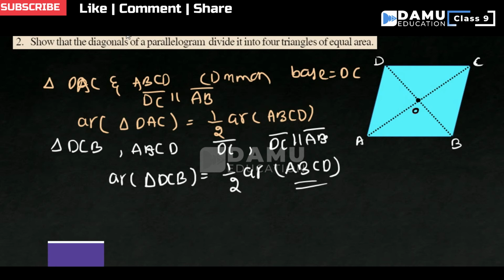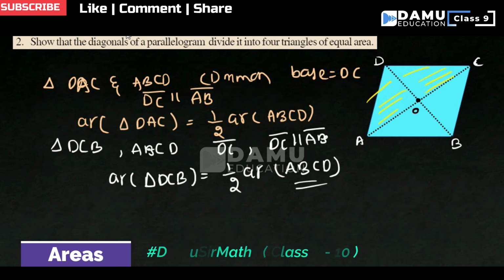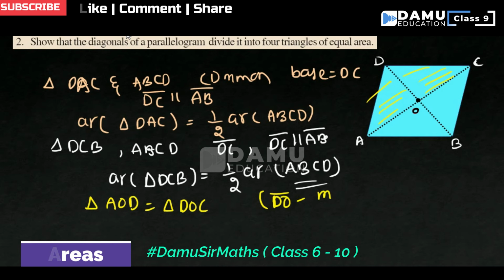Then it will be divided into two equal triangles. DAC is divided into two equal halves, as OD is the median. So triangle AOD is equal to triangle DOC, as DO is the median.